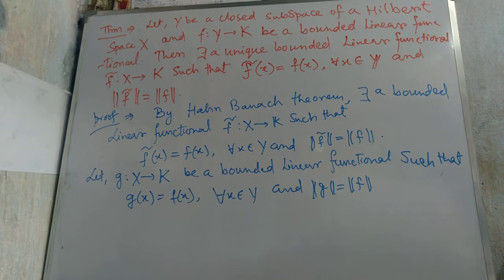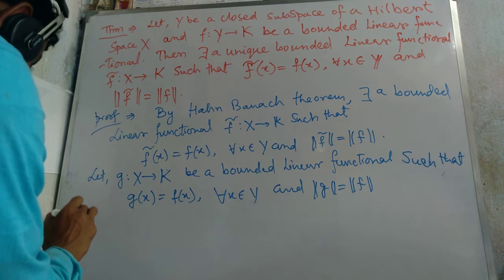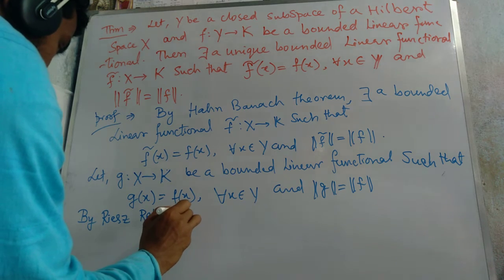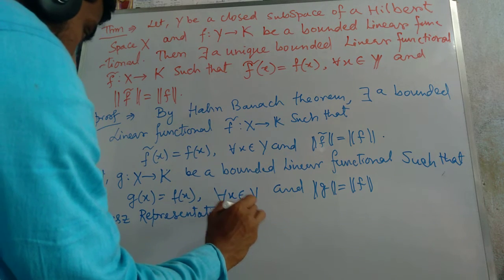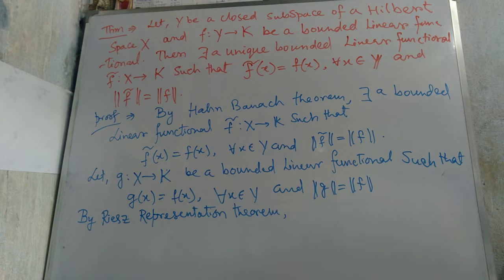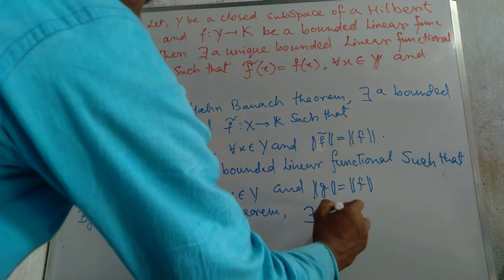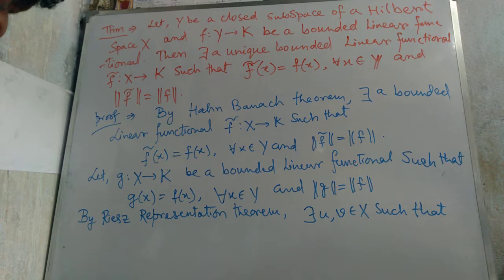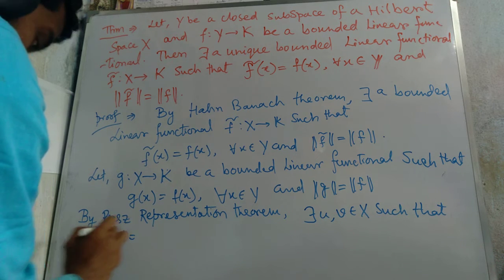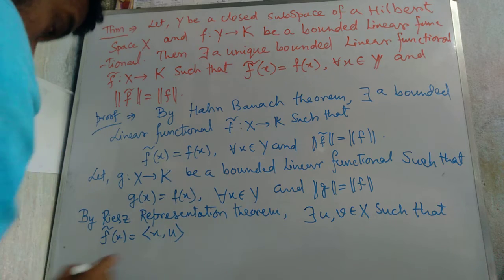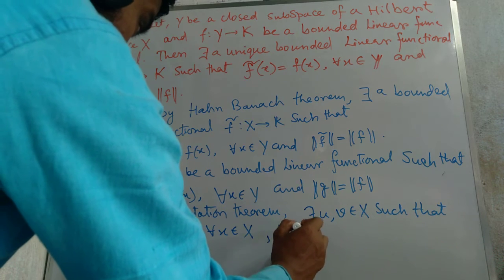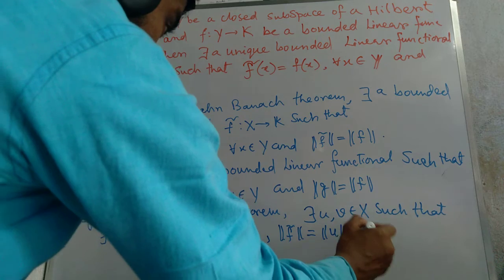Okay, then by Riesz representation theorem, there exist u, v belongs to X such that f delta(x) equal to inner product of x and u for all x belongs to X, and norm of f delta equal to norm of u equal to norm of f.